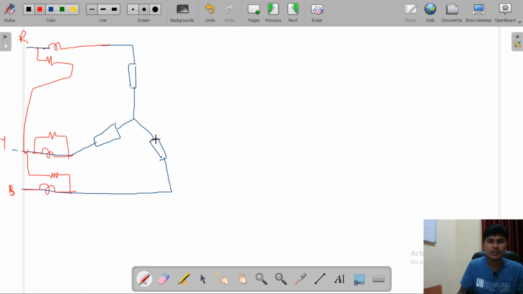Now W1 is equal to VRY IR cos of angle between VRY and IR.